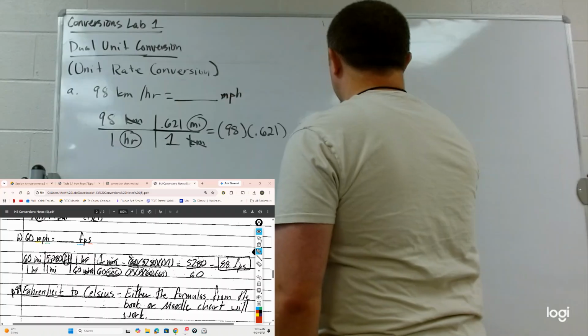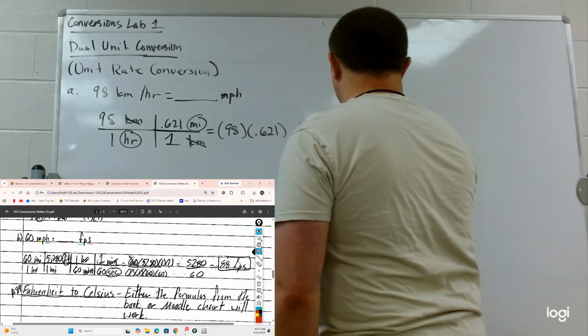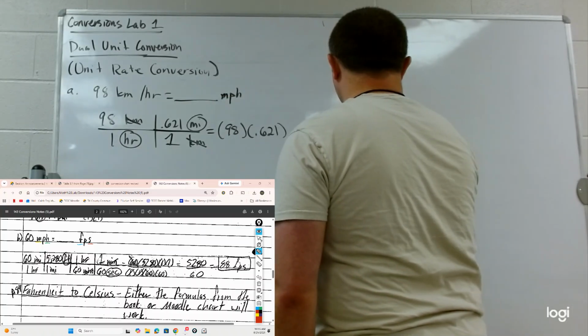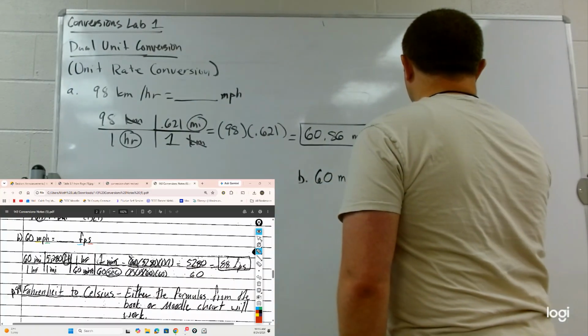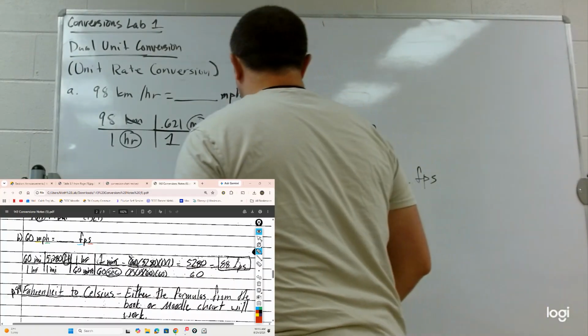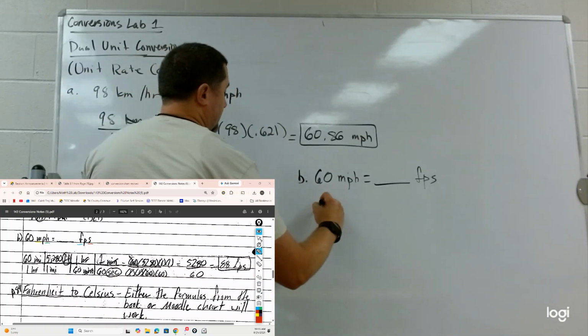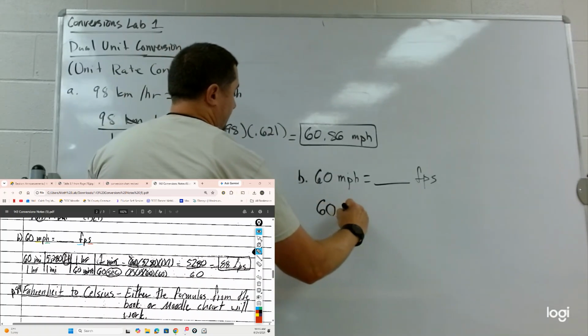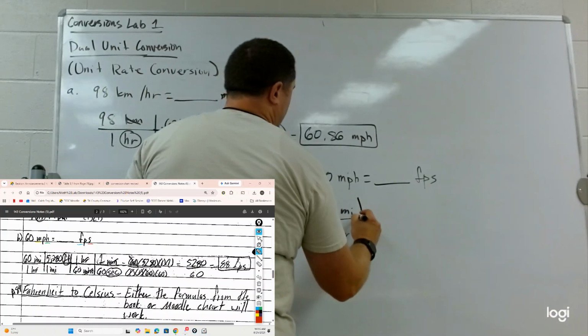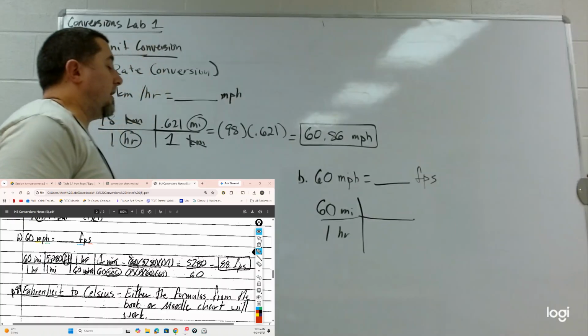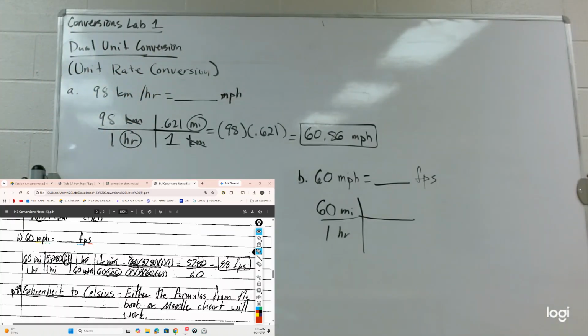All right, so we've got 60 miles per hour into however many feet per second. So when we start this, we're going to have 60 miles over 1 hour, because that's what miles per hour means, 60 miles every 1 hour. Right now, some folks might be stuck with which one of those to deal with first.